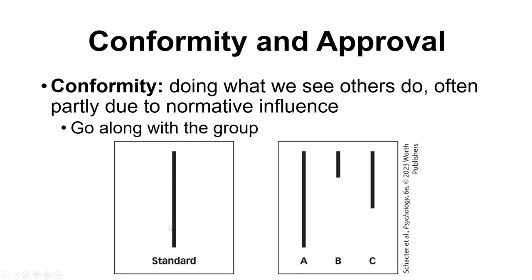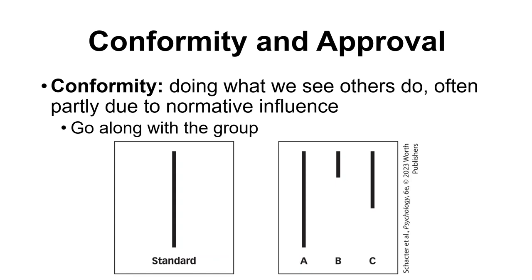So I'm going to show you a line. And then I'm going to take away that line and show you a bunch of comparison lines. And I need you to tell me which one is the closest match to the standard that was shown to begin with. So you think that it's a perceptual test.